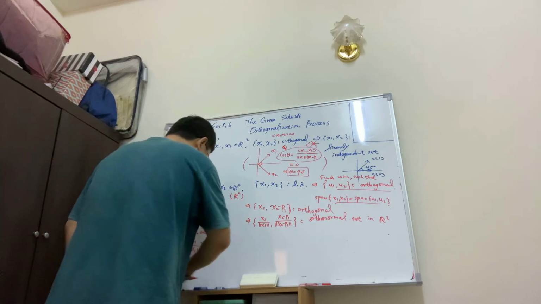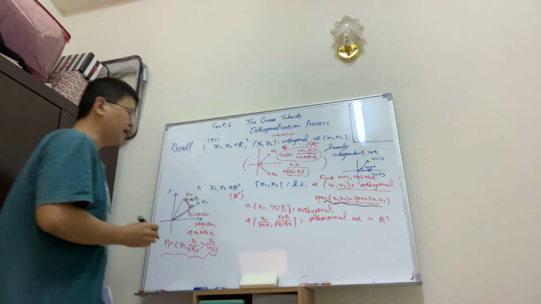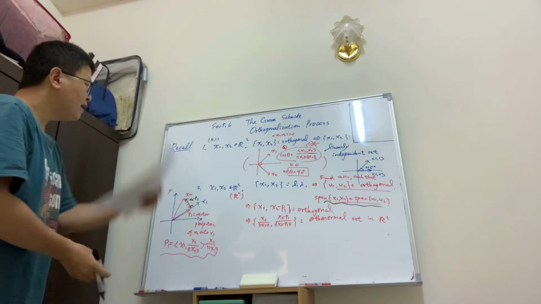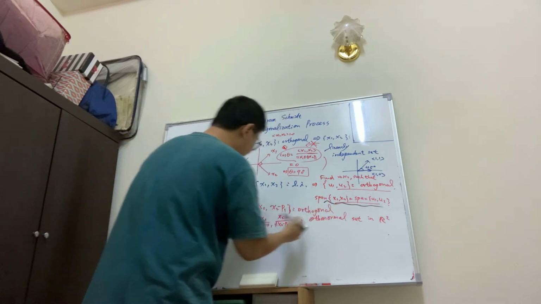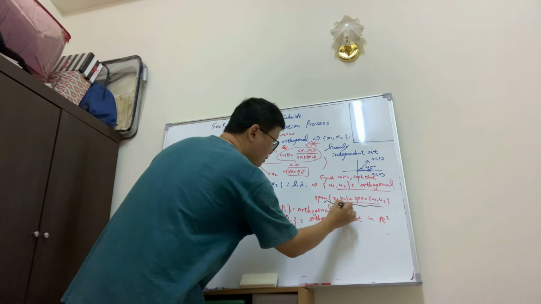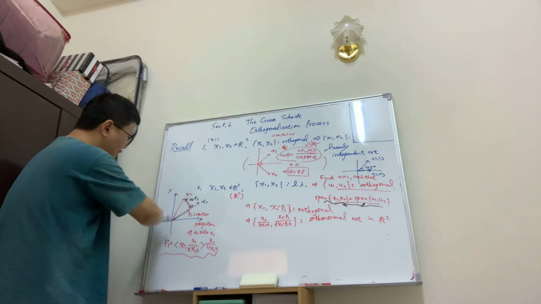But now I want to explain this part. They have the same spanning set. Of course in R2, x1 is this one, x2 is this one, their space is R2.